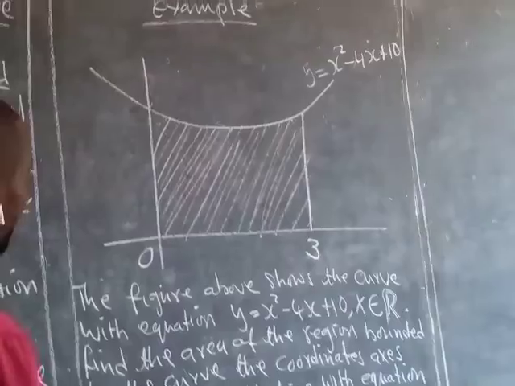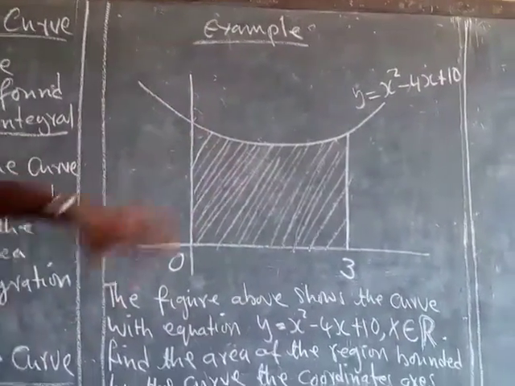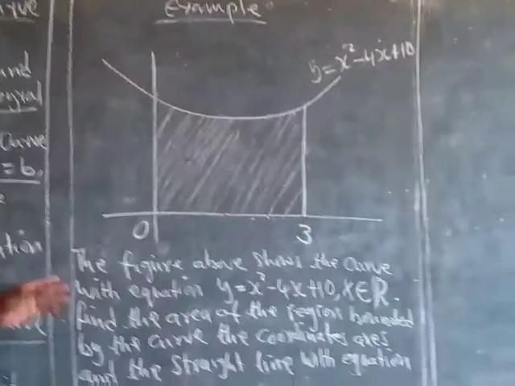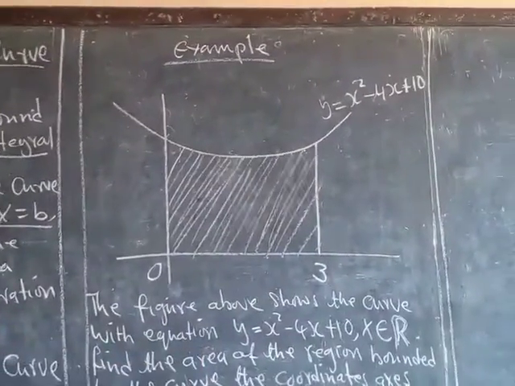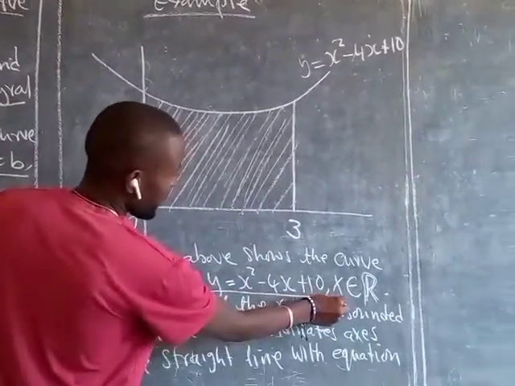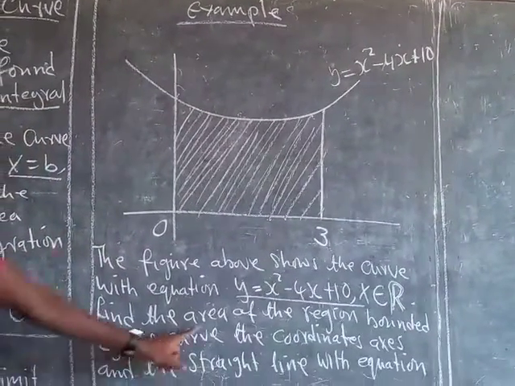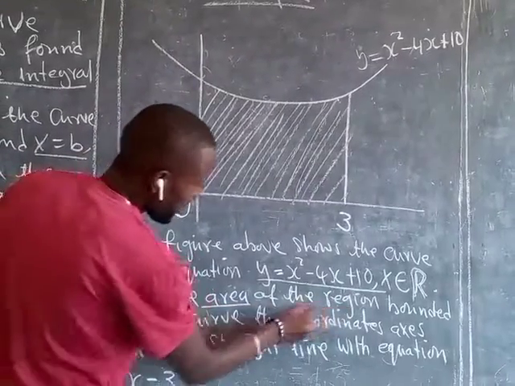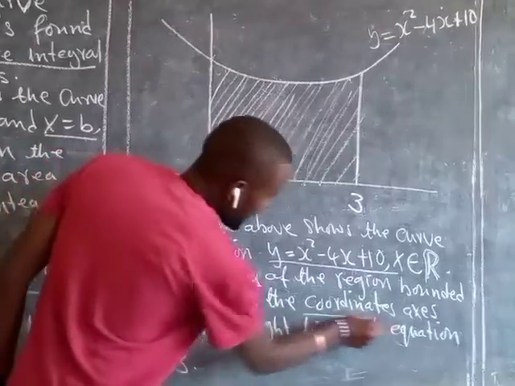Example 1. We are given an example with a curve, which of course you are going to find something similar in your exam. They are saying the figure above shows the curve with equation y is equal to x squared minus 4x plus 10. Find the area of the region bounded by the curve and the coordinate axes.